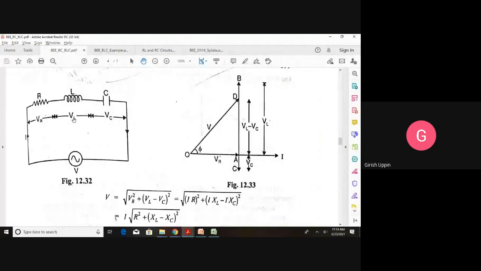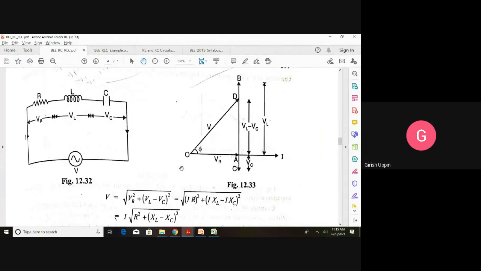Now last is VC. We know that in case of a capacitance, current will lead the VC by 90 degrees. That's why AC is representative of the voltage across the capacitance, that is VC. Now if you see the current, it is leading the voltage by an angle of 90 degrees. So this is the complete phasor diagram.